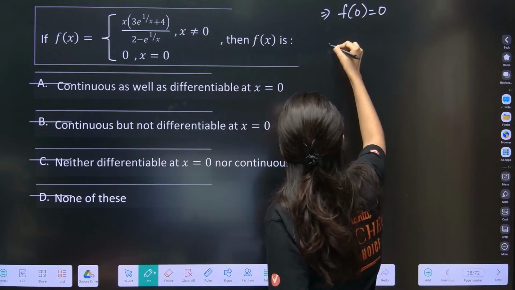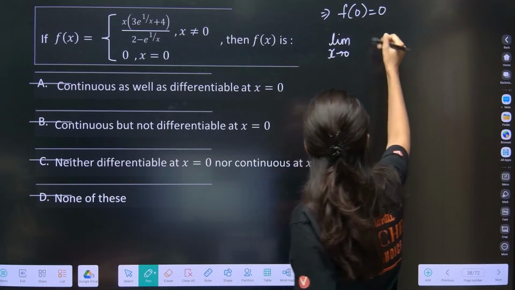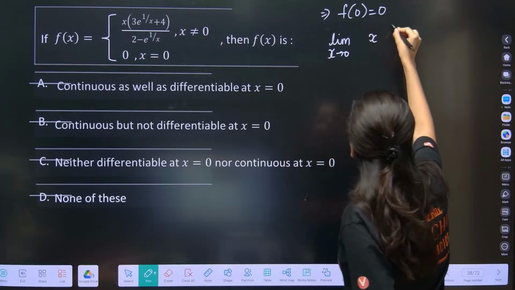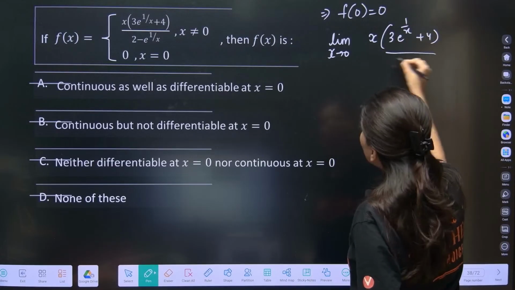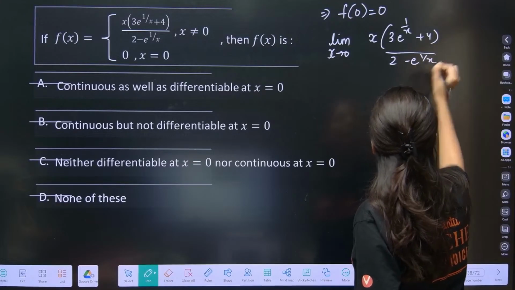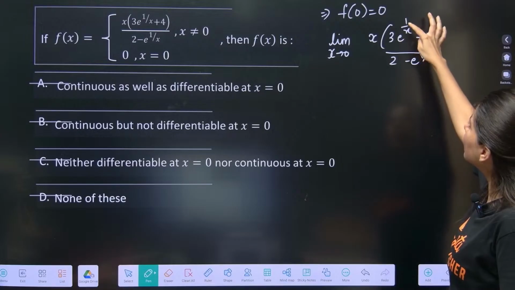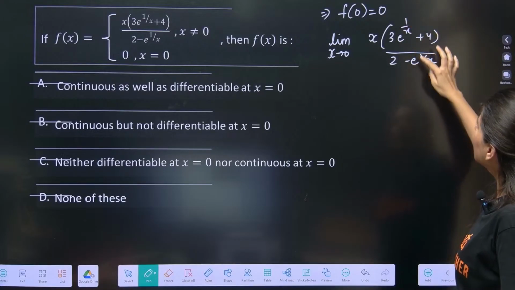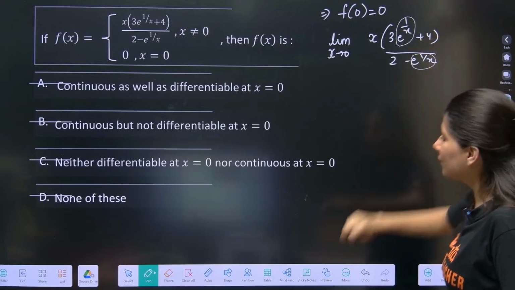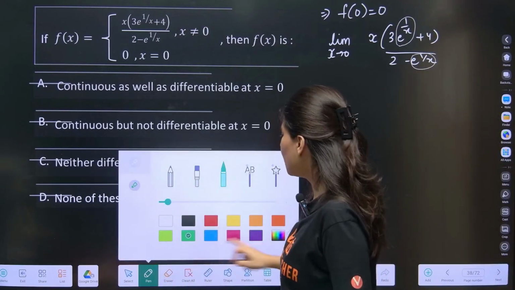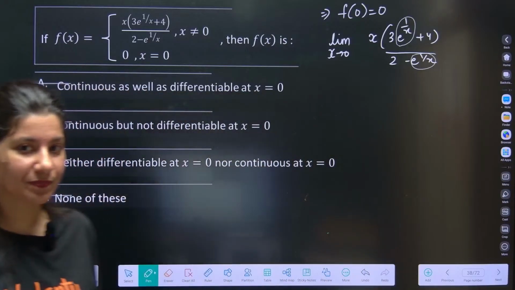Now limit x tends to 0 will be what? x times (3 e power 1 by x plus 4) upon (2 minus e power 1 by x). So the moment you put 0, it is going to be e power infinity. So this is going to be infinity and this is also going to be infinity, right? So understand that this is becoming infinity by infinity form.